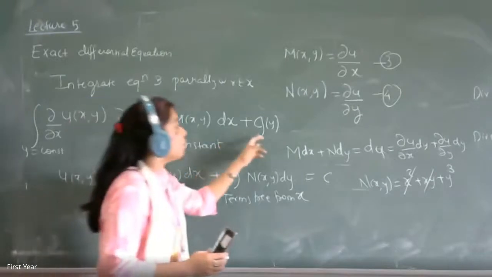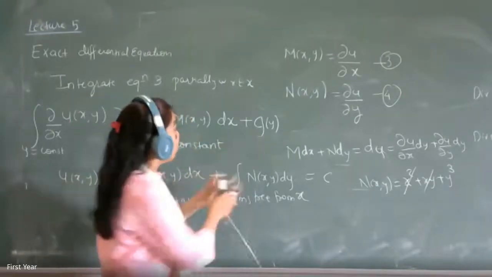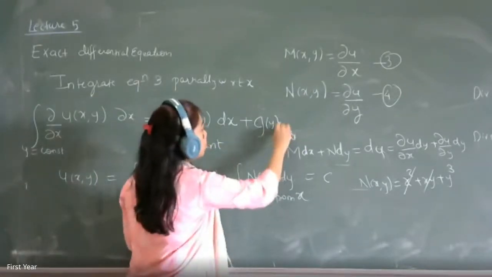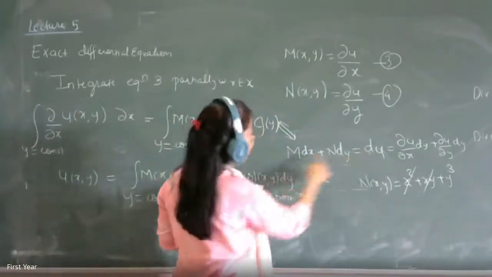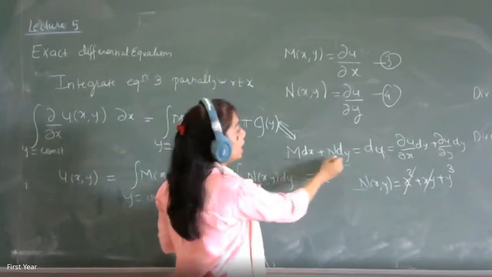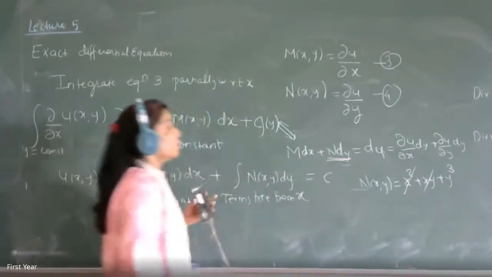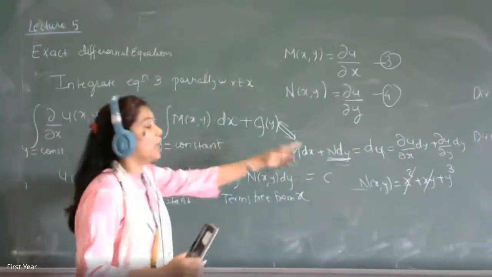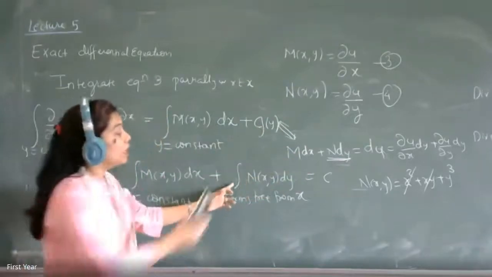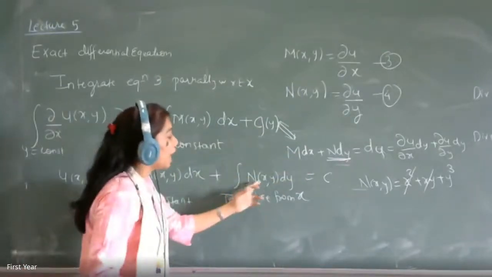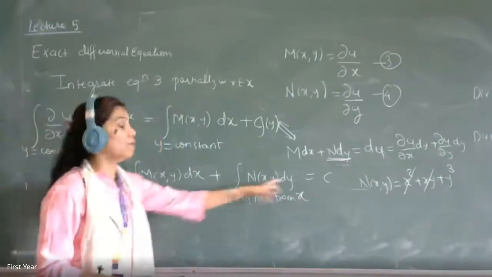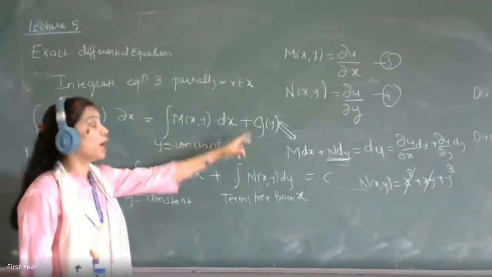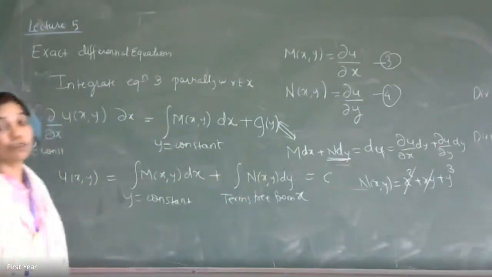Now you have to find how I will get this g of y. So compare now the original question with this. After integration of du, we get u(x, y). Here the integration is already done, so only N dy remains. So I get this g of y with the help of N, where there is no x term: N(x, y) dy, the terms free from x, and integrate them with respect to y. That will be g of y. Along with that, you will also get the constant of integration.